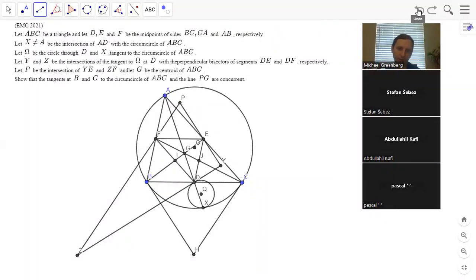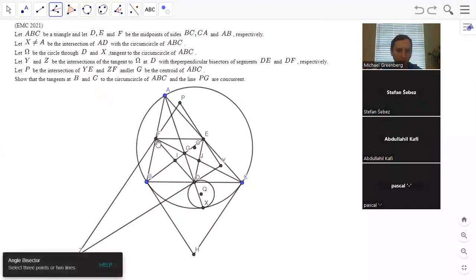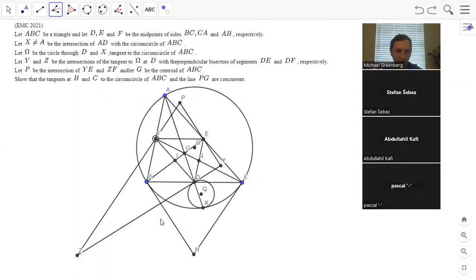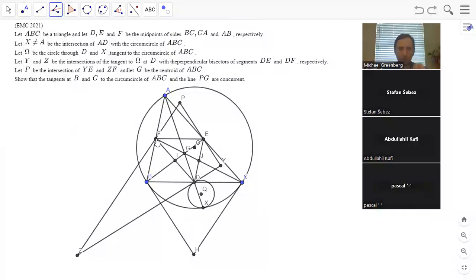Is G the incenter of PYZ? I don't think so, because BG is not the perpendicular bisector of DF, so that shouldn't be true. G should not be the incenter, but yeah, we just want to show homothety.